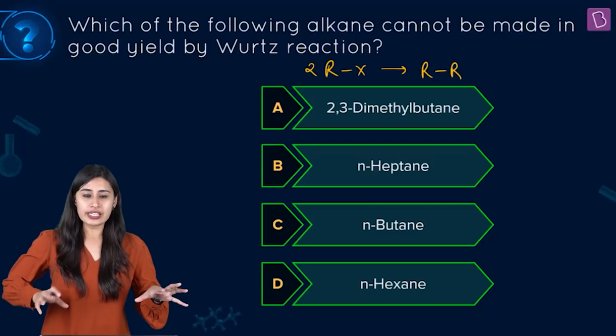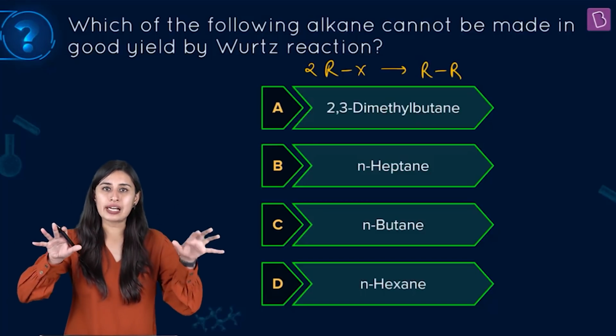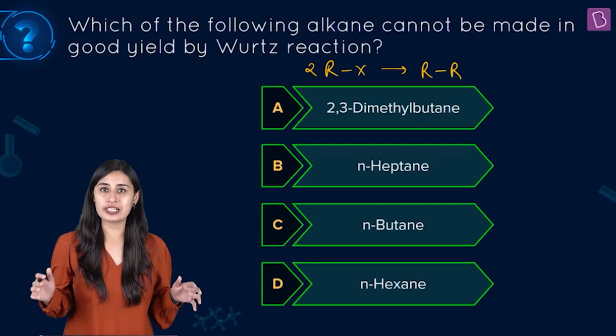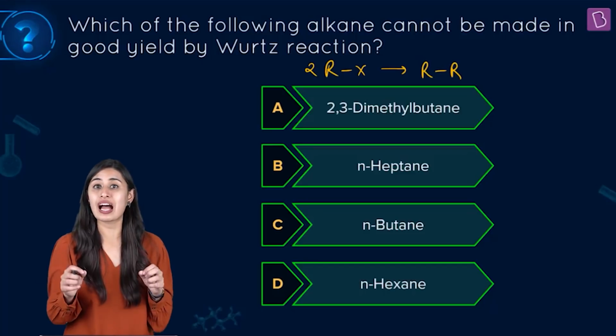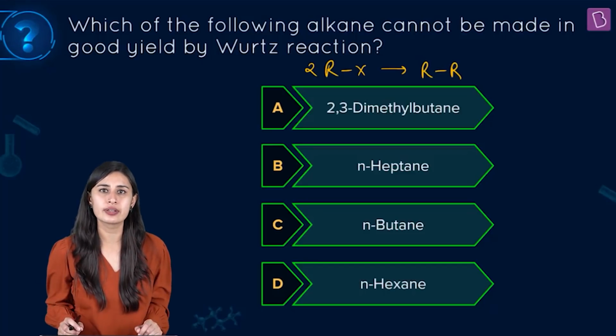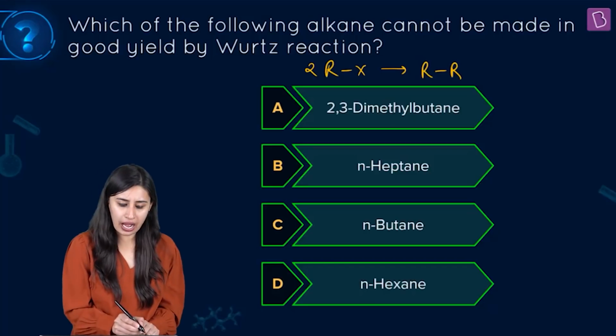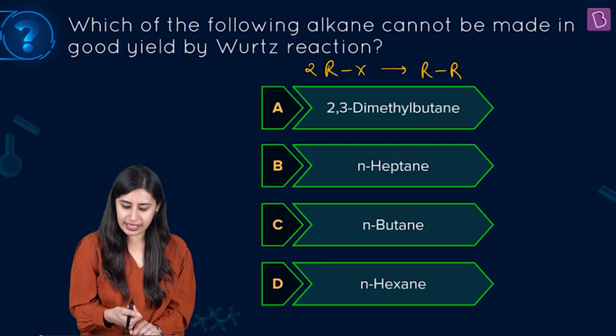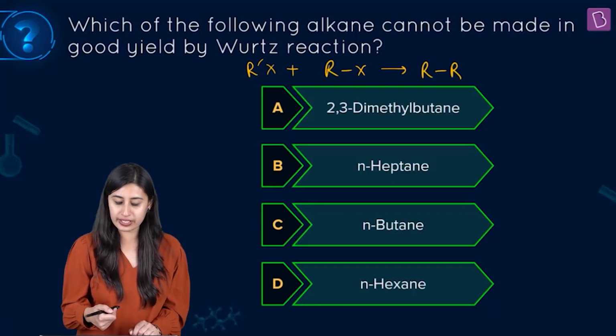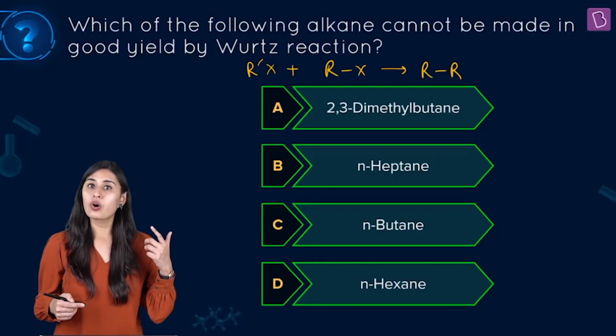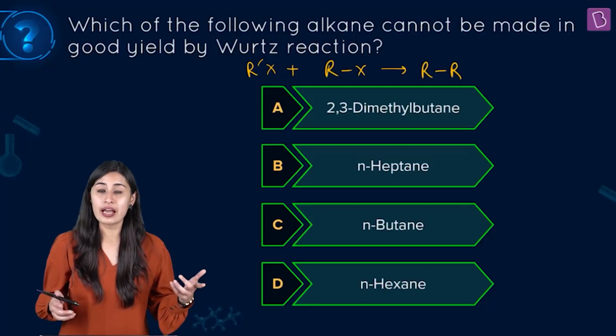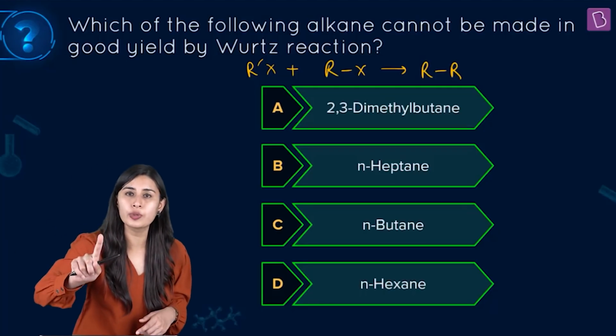It is only when you're taking 2 different kinds of alkyl halides that there is a possibility of getting a product which has an odd number of carbons, like RX reacting with R'X. That's the only possibility where you can get an odd number of carbons in the product, as one of the products.